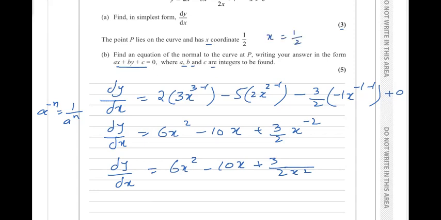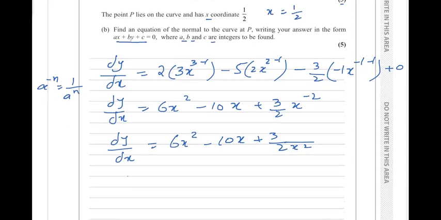To find the equation of the normal, we know the equation of the normal is y minus y1 equal to negative 1 over m into x minus x1, where x1, y1 is the point on the curve and m is the gradient of the curve.